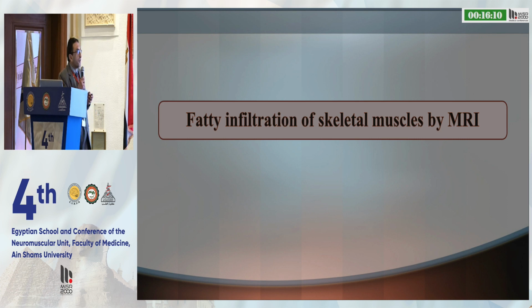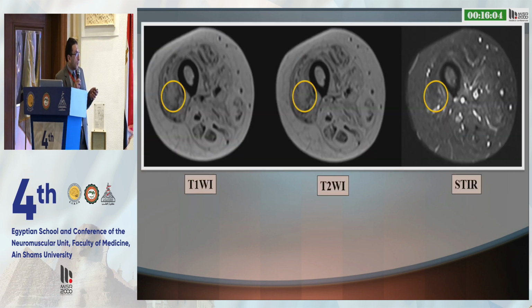If we look at fatty infiltration of skeletal muscles, what is its appearance by MRI? Also, these are the same sequences, T1, T2, and STIR. In T1, the muscles with fat infiltration appear of high signal, slightly lower than that of subcutaneous fat.